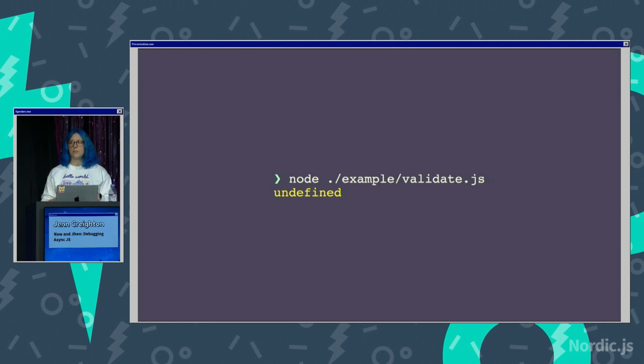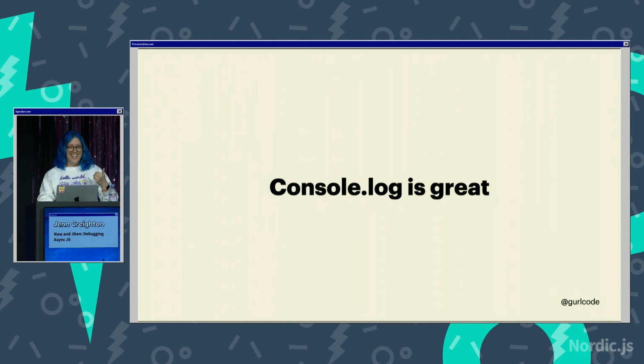But again, how do you know? Just hold that thought for a little bit longer. Because in this contrived example, we don't know, right? We're trying to find out, which means that we need to debug. And when I need to debug, I reach for console.log. Okay? Yes, please, let's hear it for console.log.